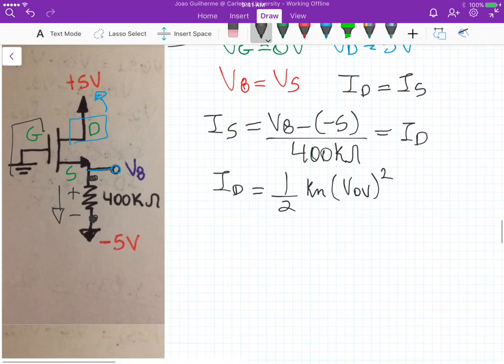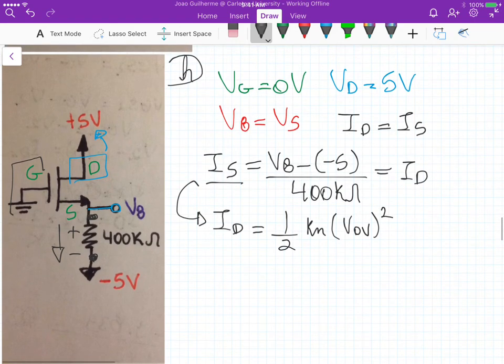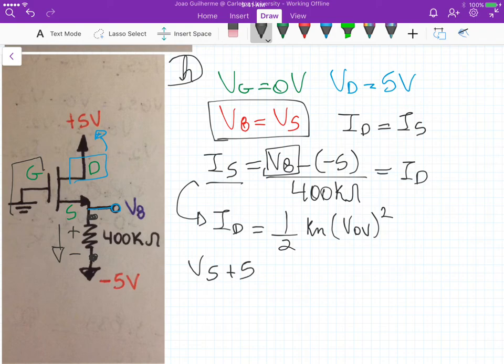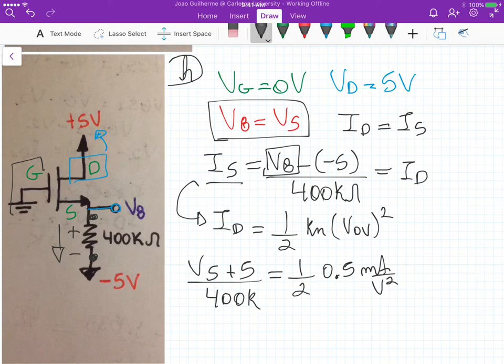If we substitute this equation here, remember that V8 is equal to Vs. So we can substitute V8 here as Vs, and then Vs plus 5 divided by 400k is equal to 1/2 times 0.5 milliamperes per volt squared times the overdrive voltage.